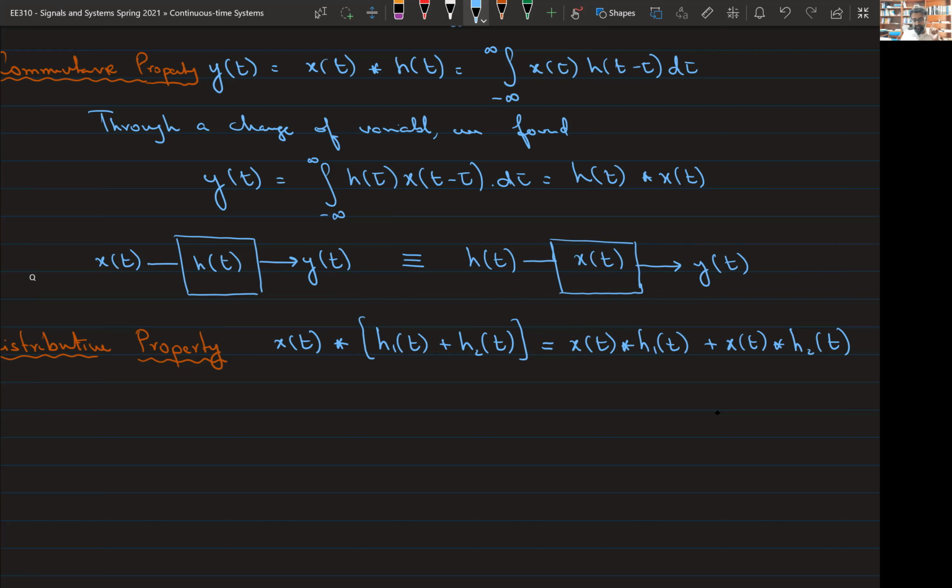For a given x of t, yes. The system's equation can be equivalent to the impulse response, and yes, interchange, for that given x of t, vice versa. Not for all. Okay, understood.